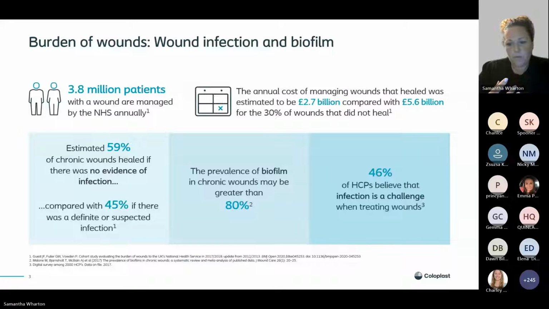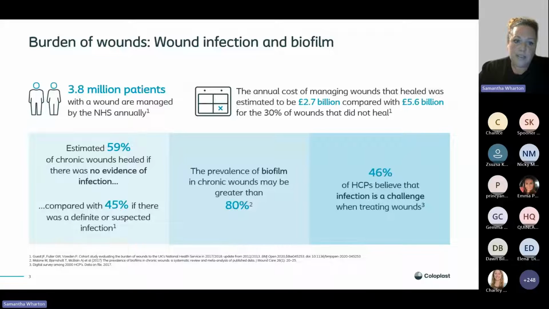It's at a cost of 8.3 billion to the NHS to manage those annually. This was data from 2017 and 18, and we know those costs will continue to rise. So we're looking at over 10 billion pounds a year that will be used to manage these wounds.